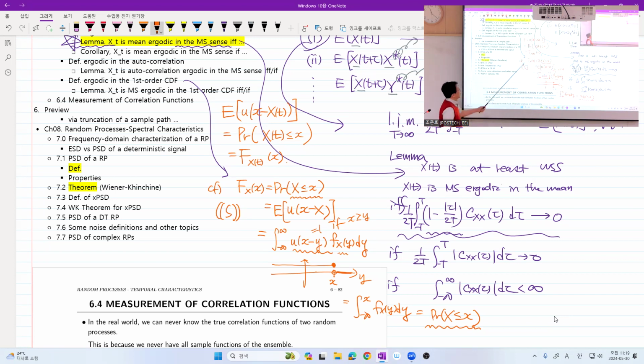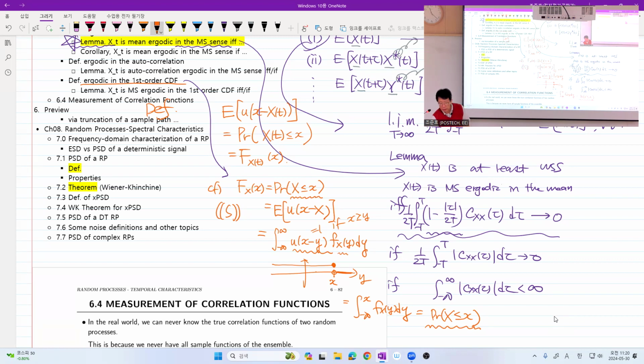In that case, first you think about that object and find the corresponding ensemble average. And eventually, you replace this one with the corresponding time average. So what is the corresponding time average? Here goes the definition of ergodic in the first order CDF.